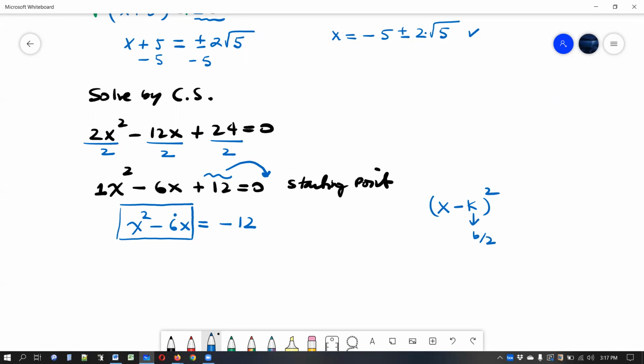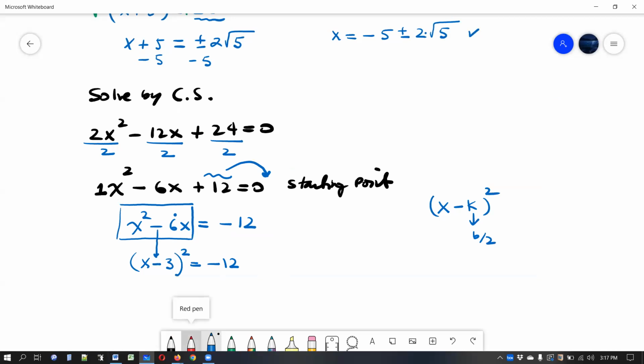This is my b. So this will be x minus, notice, whatever sign this is, it gets carried over here. Half of 6, squared, equals negative 12.